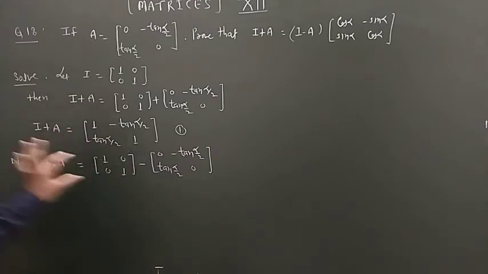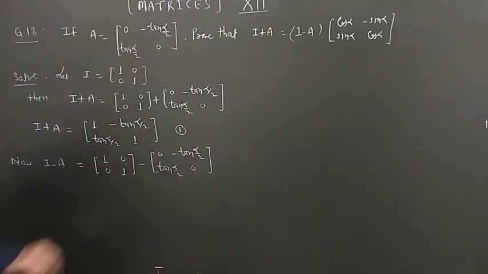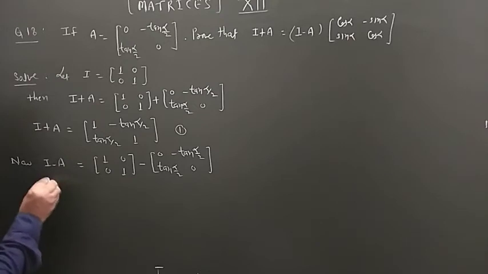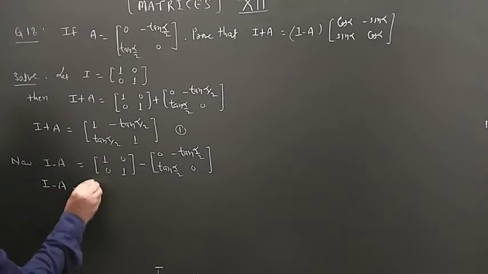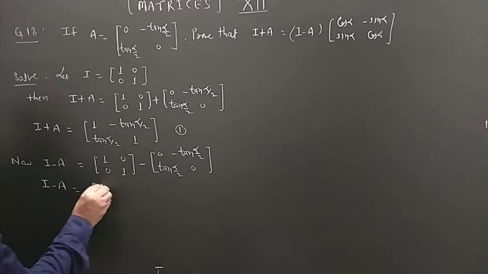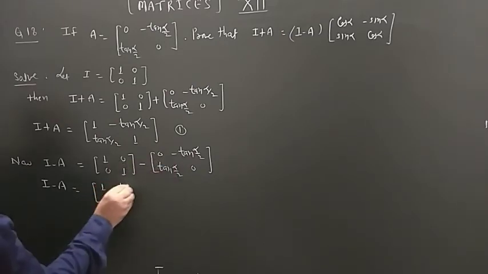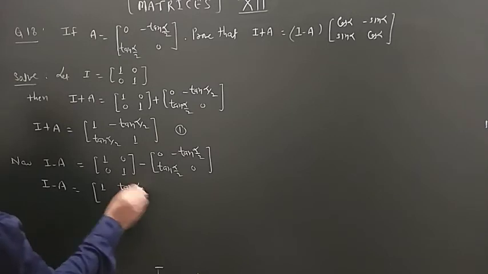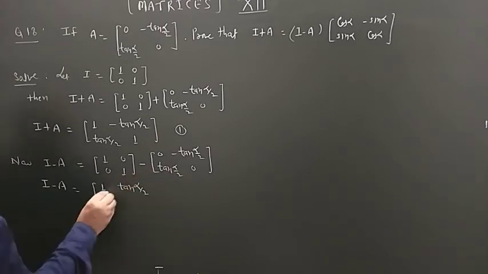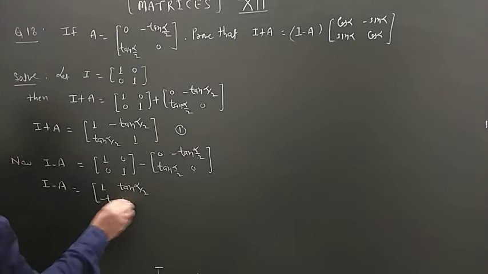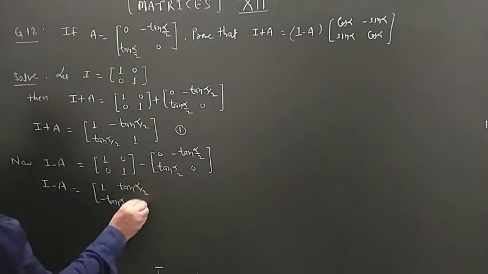So now I minus A is: 1 minus 0 becomes 1, 0 minus minus becomes plus, that becomes tan alpha by 2, 0 minus this becomes minus tan alpha by 2, and 1 minus 0 is 1.